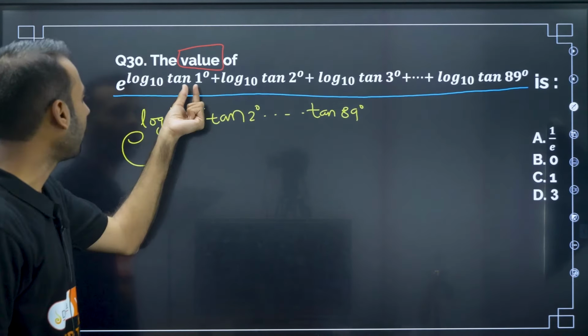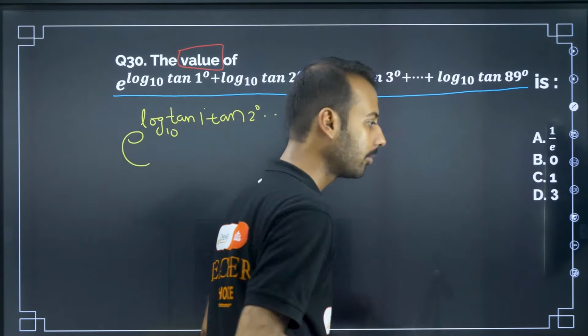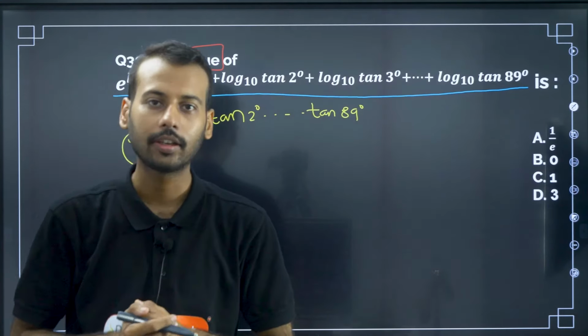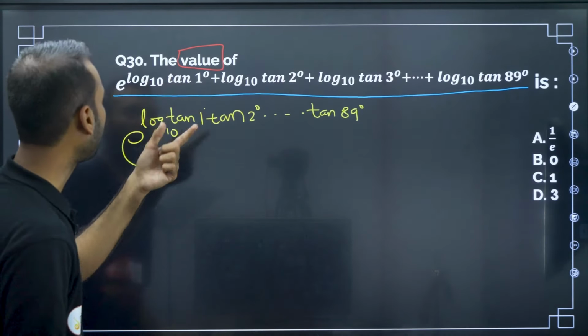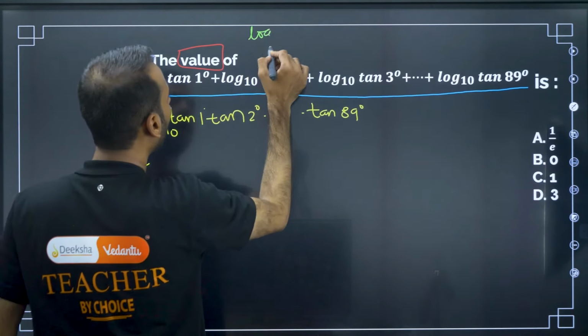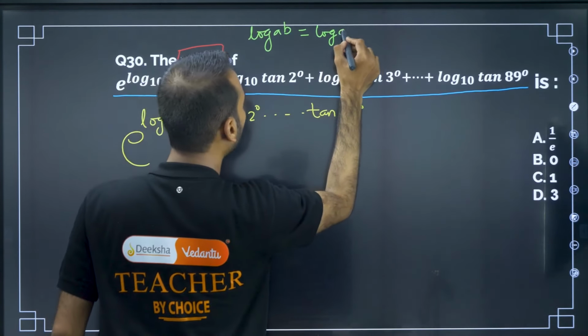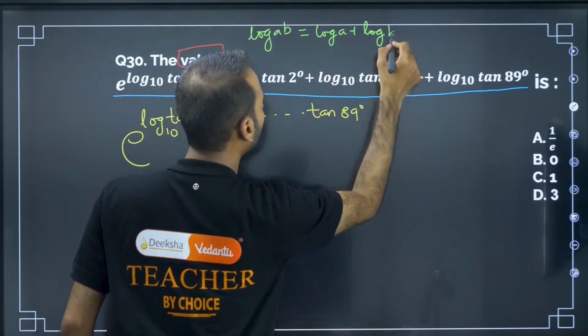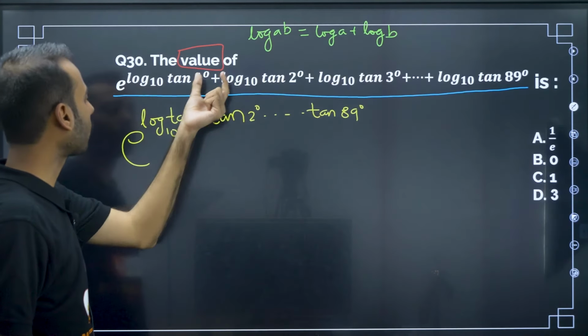Now here I am using properties of logarithm. Every video I will say one thing: properties of all the functions you should be knowing. Log of ab can be written as log a plus log b. And log a plus log b can be written as log ab.